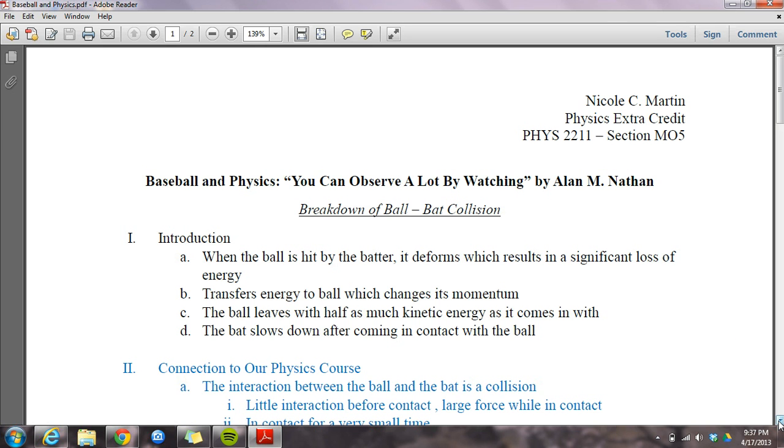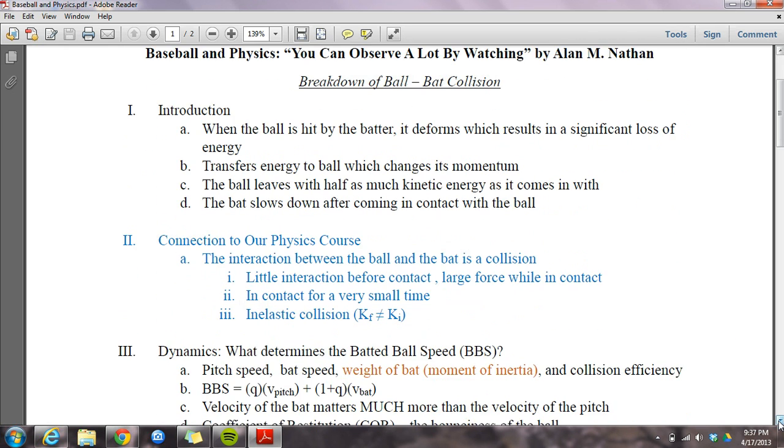The next section in blue is about connecting what Mr. Allen was talking about to concepts that we've learned in our physics class.